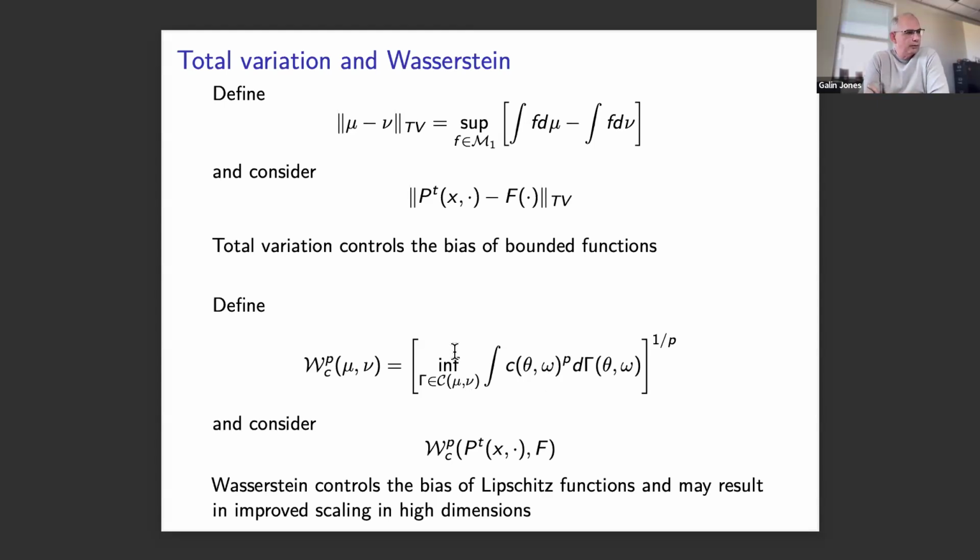And so if we want to think about convergence in Wasserstein, then we want to look at the Wasserstein distance for a variety of cost functions in terms of the Markov kernel after t steps and the target distribution. Now, one reason why folks have advocated for thinking about Wasserstein distances is it controls the bias of Lipschitz functions. And so there's been some work in thinking about how it might result in improved scaling in higher dimensions.